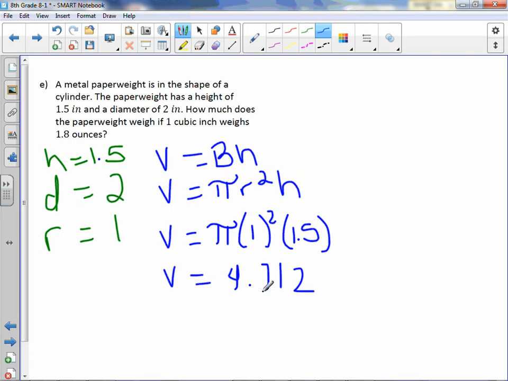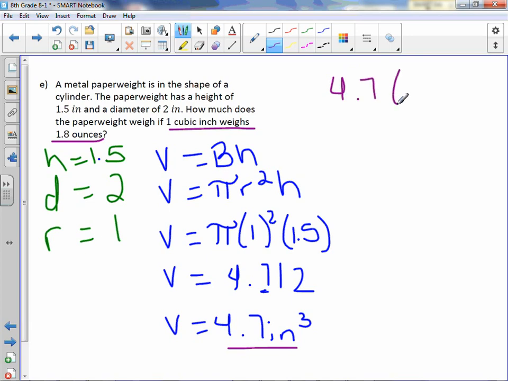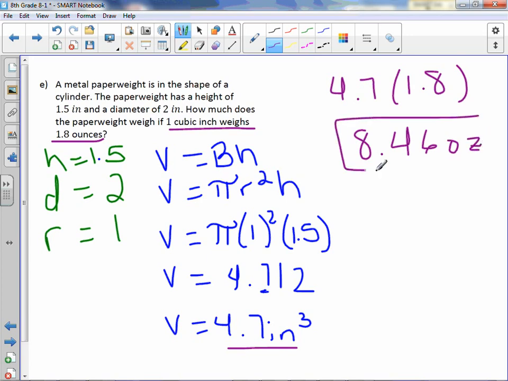Let's round this to the nearest tenth. We get a volume of 4.7 inches cubed. Well, if 1 cubic inch weighs 1.8 ounces, how much would 4.7 cubic inches weigh? We would take that 4.7 and multiply it by the 1.8. When we do that, we get 8.46, and weight is measured in this example in ounces.